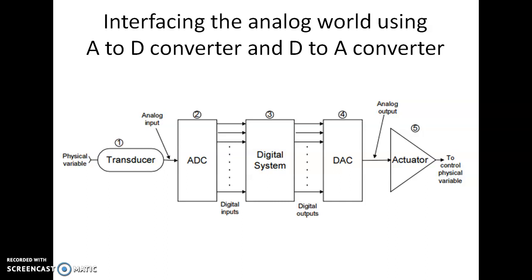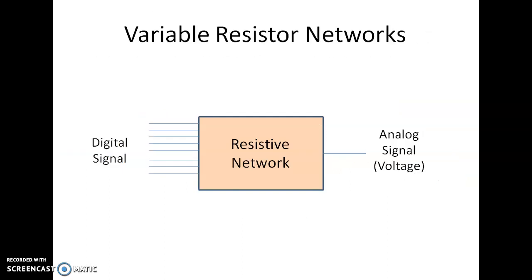So if you consider the variable resistor network here, in D2A converters we have to obtain the analog voltage which is equivalent to the digital input signal. This can be achieved by designing a resistive network which converts each digital signal into an equivalent binary weighted voltage or current.